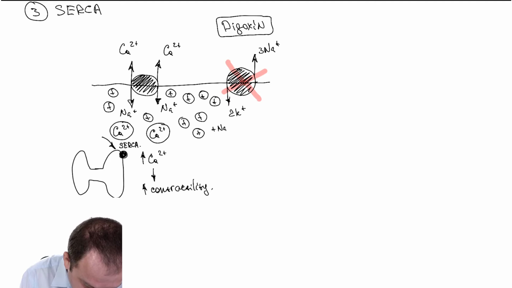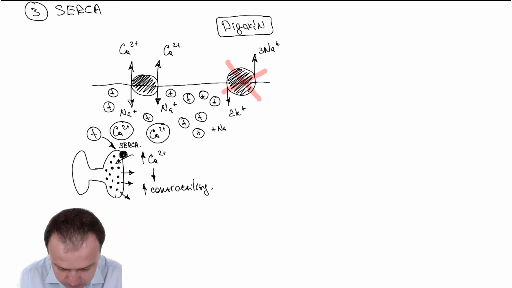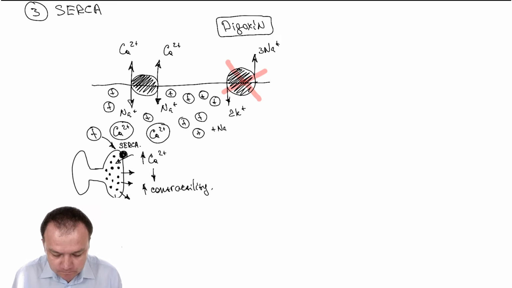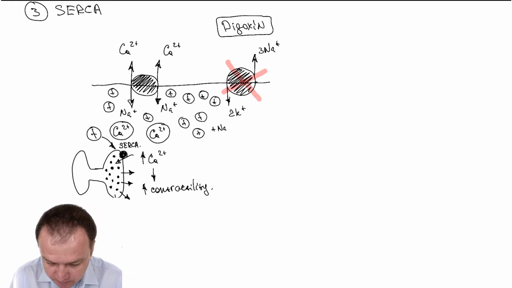Activation of this pump, or stimulation of this pump, increases amount of calcium stored inside sarcoplasmic reticulum, and during next contraction, more calcium coming from sarcoplasmic reticulum and also increases contractility. But let's talk about digoxin and about effects.